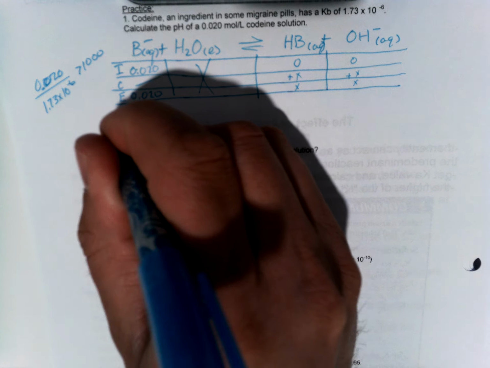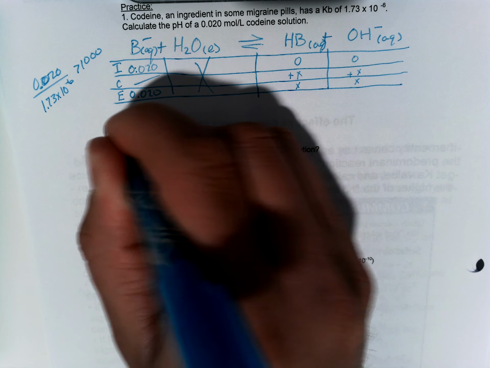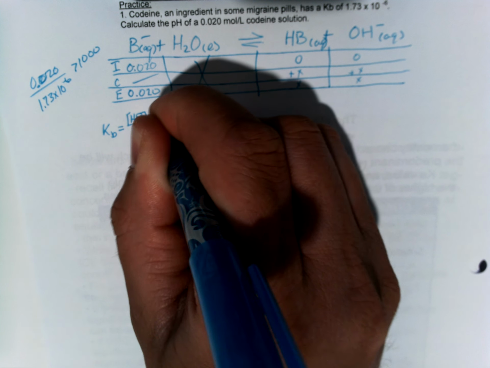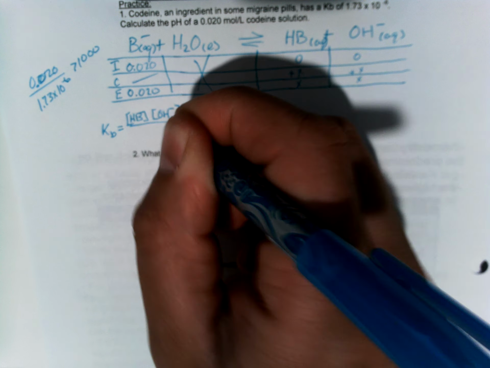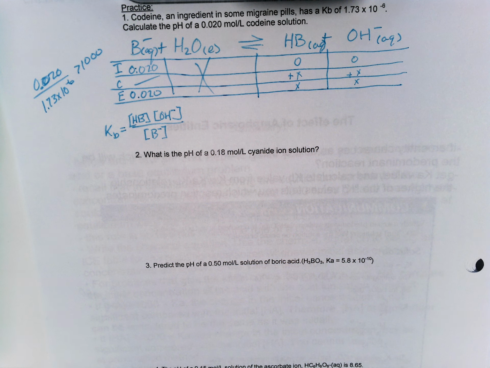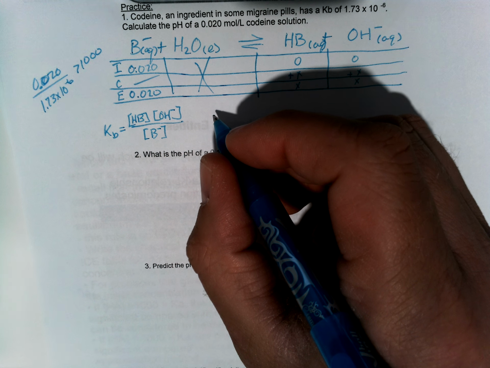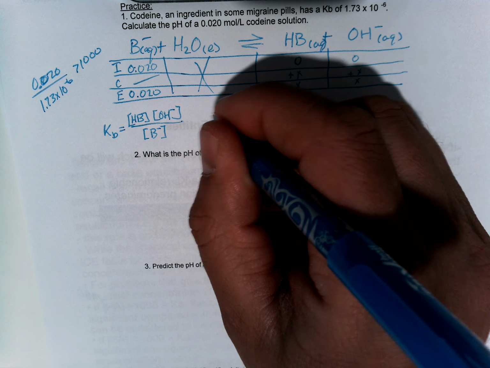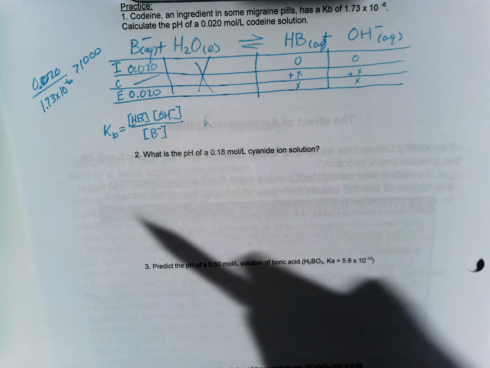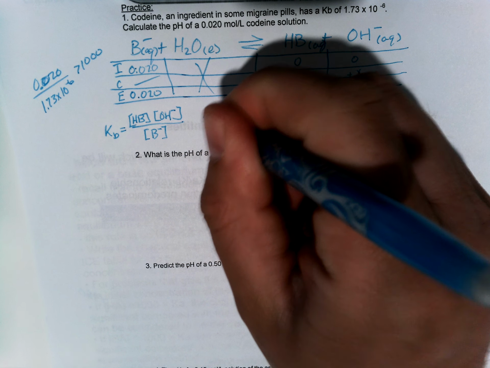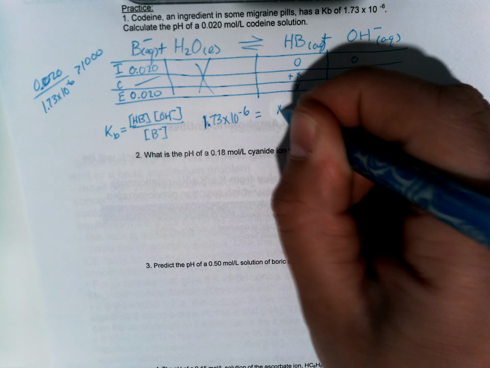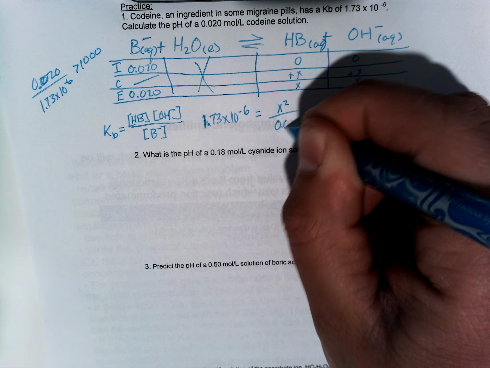Okay, so now we can put in our Kb formula. We got our conjugate acid concentration times concentration of hydroxide divided by our concentration of our base. Okay, so we have our Kb, so we put that number in: 1.73 times 10 to the minus 6 is equal to x squared over 0.020.